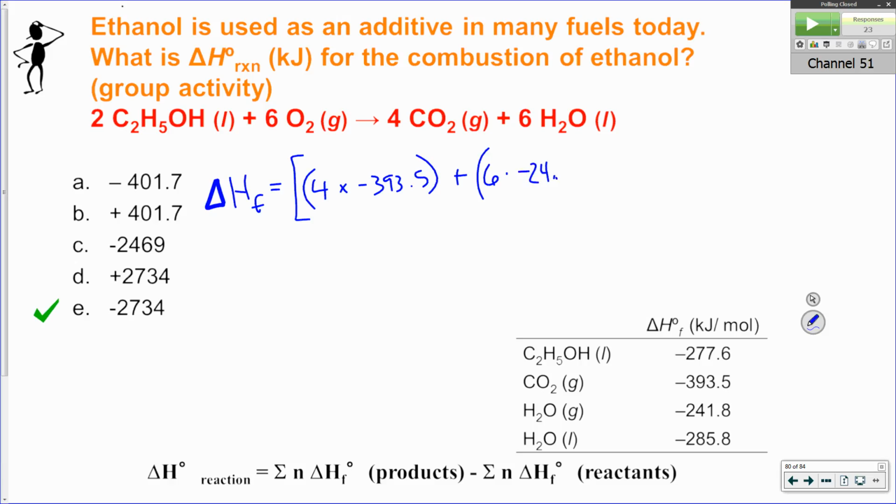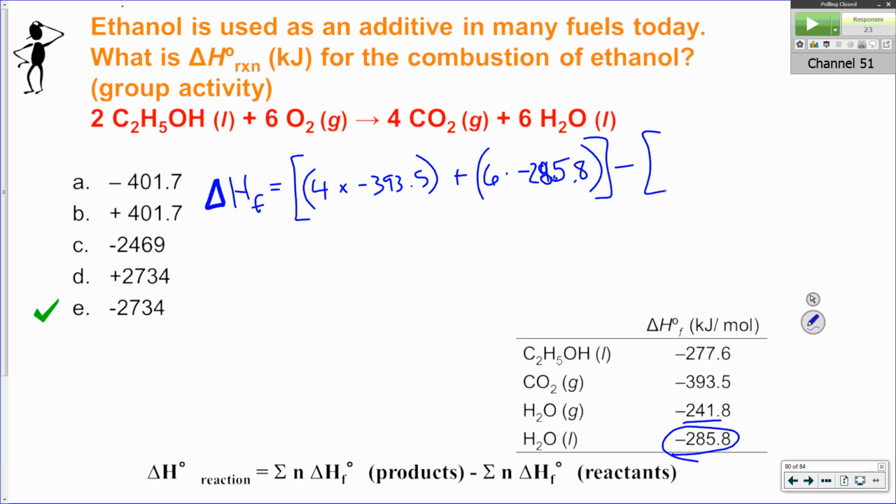It's for gaseous, 241; that's for liquid. That's very good. So 285.8. All right, so that's all of the products.